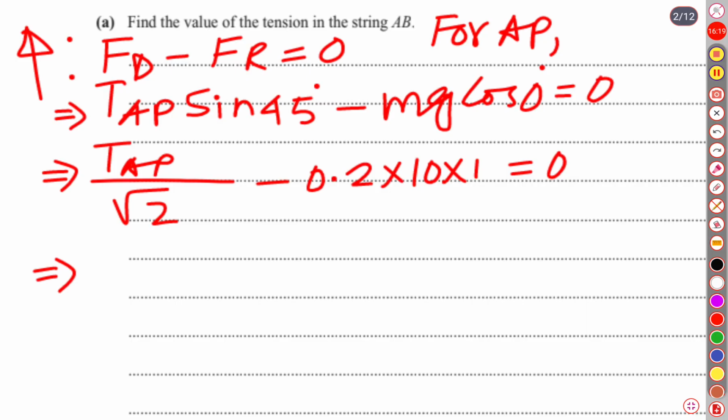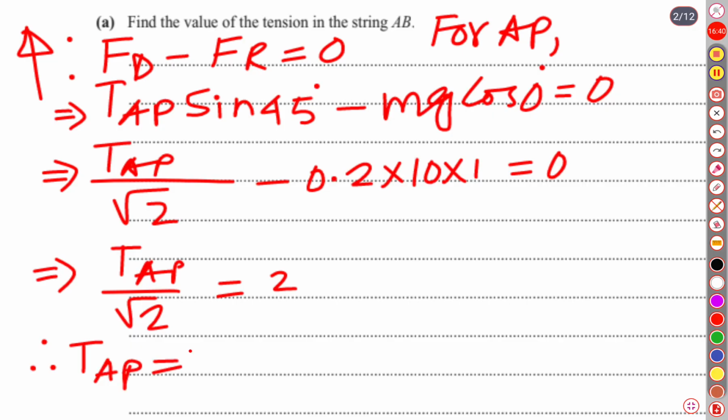Then tension in AP over root 2 is equal to, if we multiply 0.2 by 10, it is nothing but 2. So tension acting in the string AP is actually 2 square root over 2.